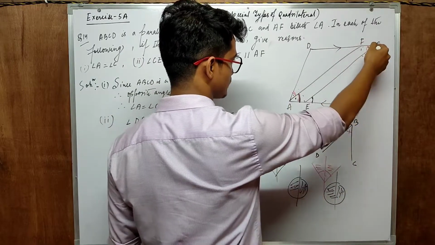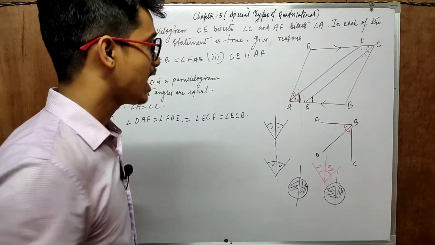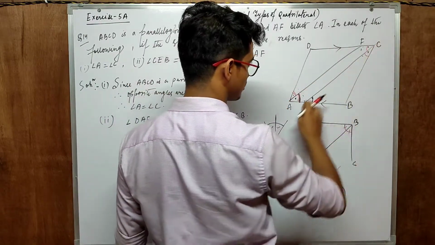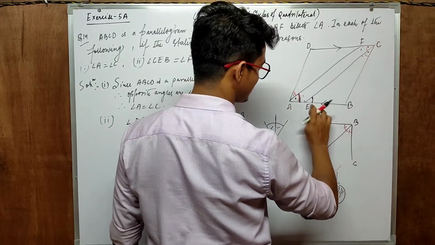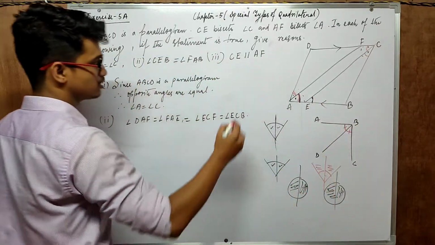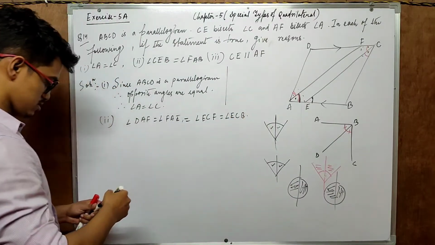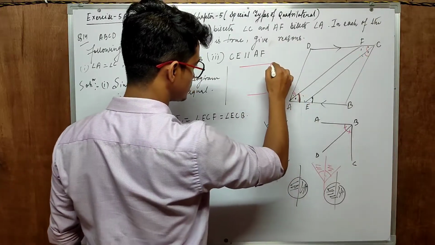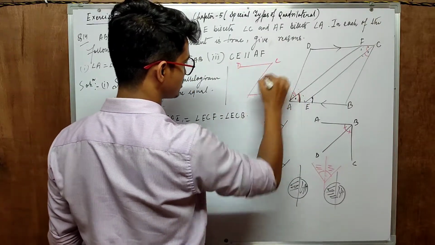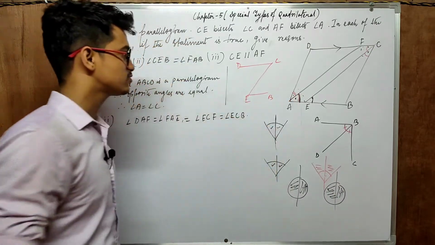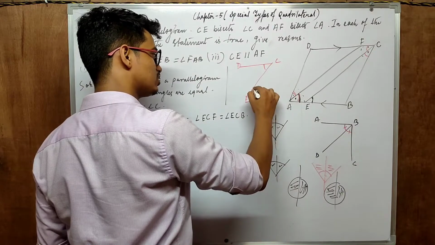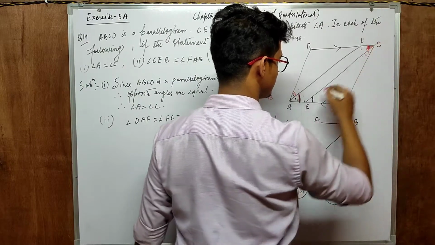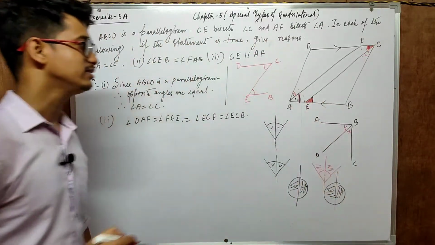Our motive is to show that this angle is equal to this angle. So if I take DC and EB, there is one transversal, this one. This angle is equal to this angle because of alternate interior angles.